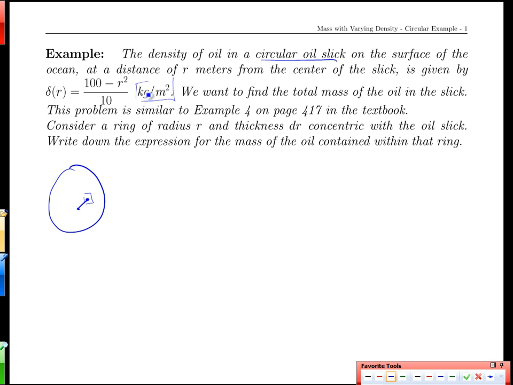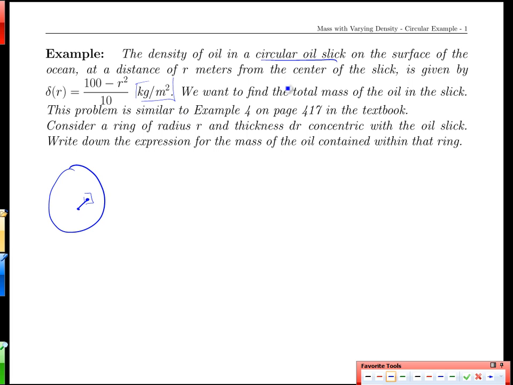So if you're not entirely comfortable with units of density that aren't kilograms per meter cubed, which is the most traditional way to see it, just think of the context. Here, if we box off some part of the ocean, we can find a certain number of kilograms of oil, and so kilograms per meter squared is an entirely reasonable unit of density of oil.